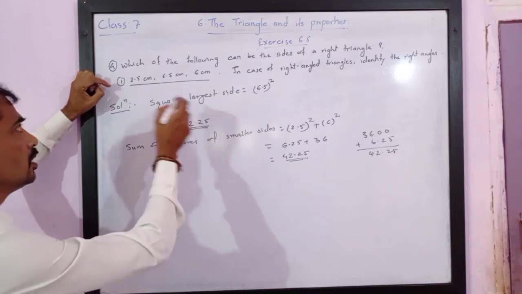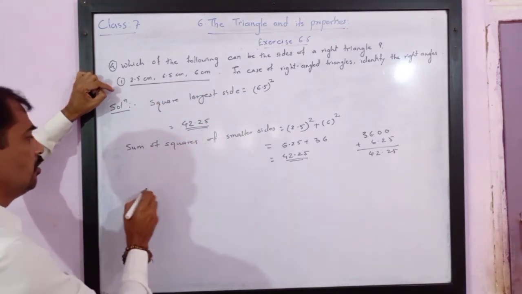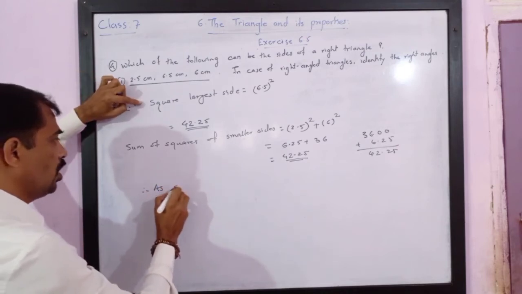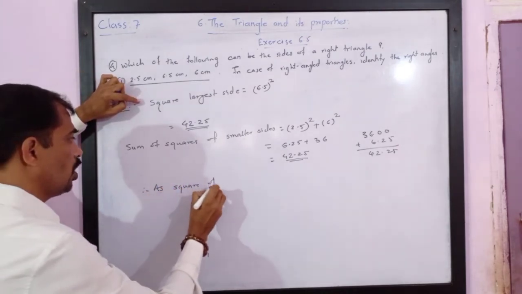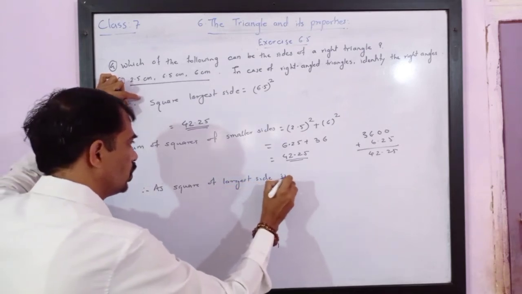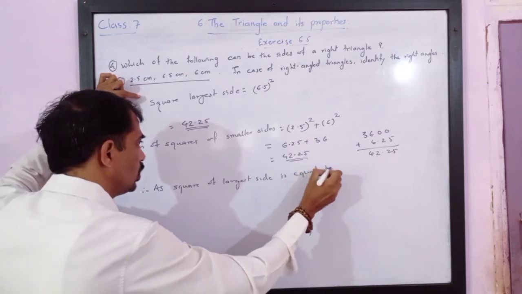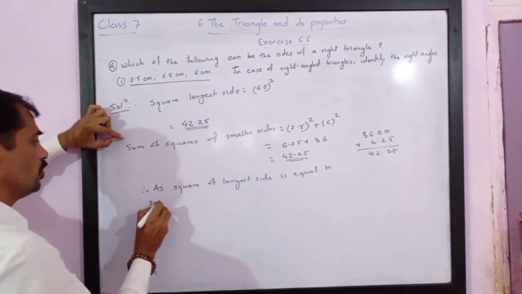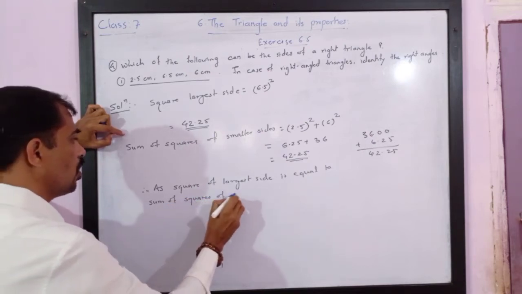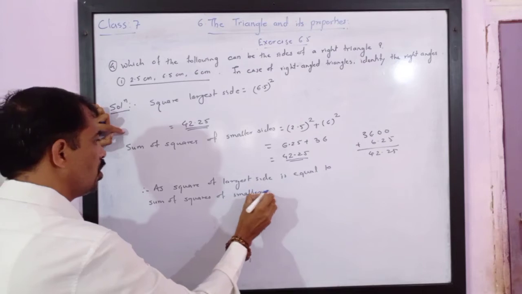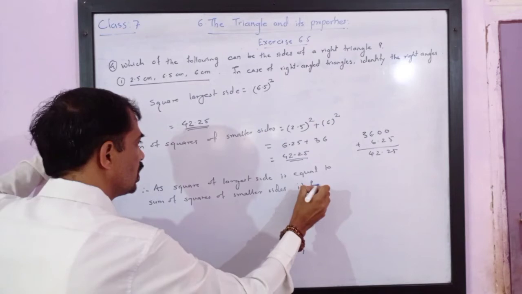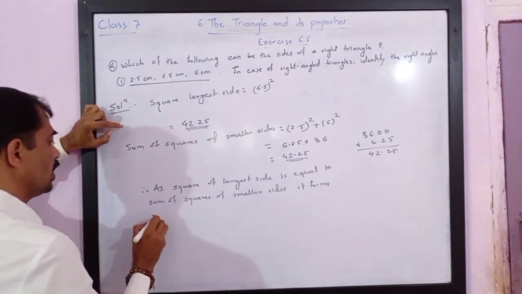So the triangle will be, therefore, as the square of the largest side is equal to the sum of squares of smaller sides, it forms a right angled triangle.